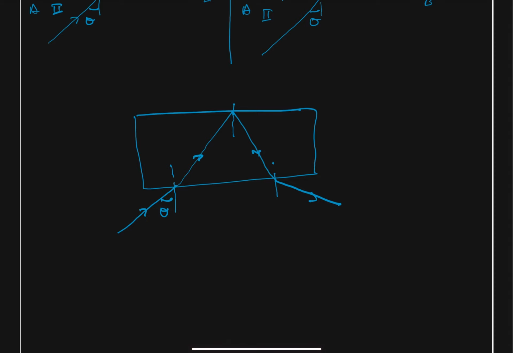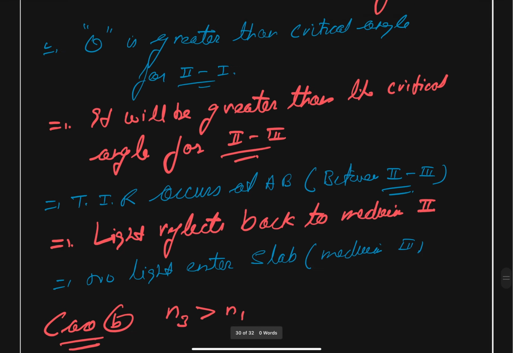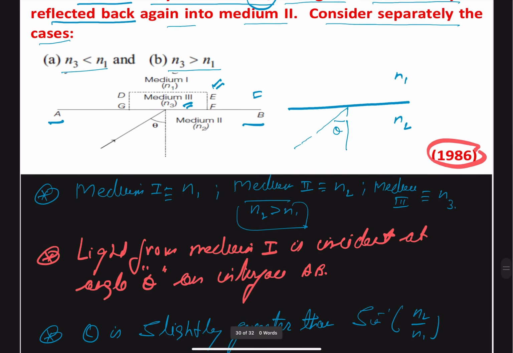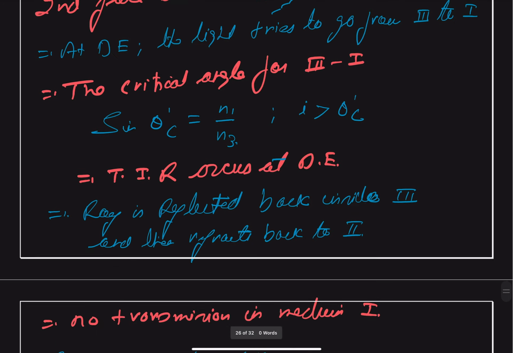So this is our glass slab, and we have this as medium 1, this as medium 3, and this will be our medium 2. So this is the total internal reflection, and yes, so this was our AB and DE.